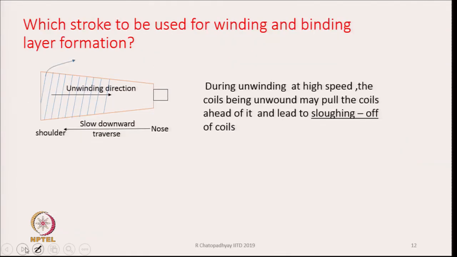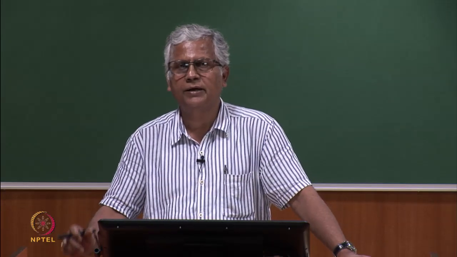Which stroke to be used for winding and binding layer formation? See, this question also comes up: while the ring rail is moving up slowly, we are forming the main layer or winding layers. When it is coming down fast, we are forming the binding layers.